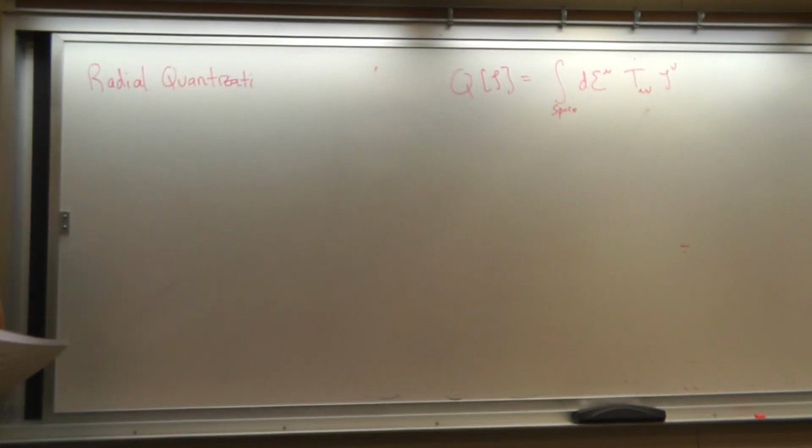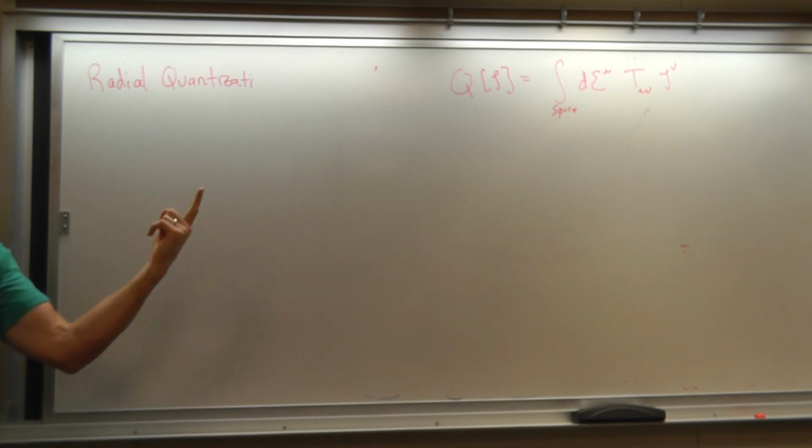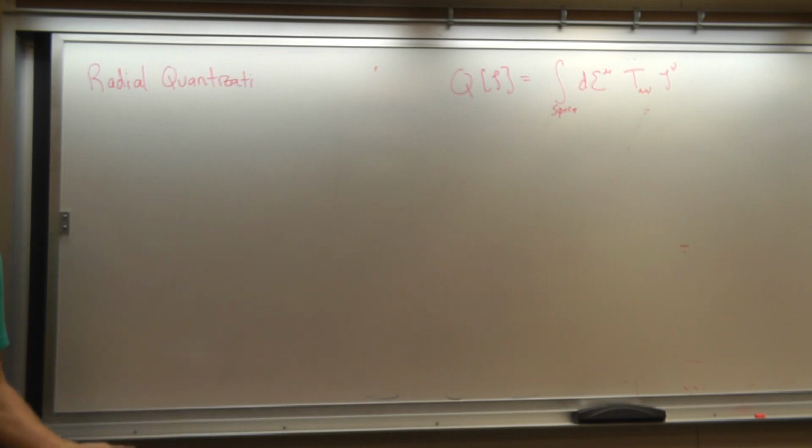And we have to choose what space is. So in order to talk about charges or the action of the charges, we have to decide what space is. Now, you might say, well, the charge is conserved, so it doesn't matter, but it's only conserved away from operator insertions, so it does matter.